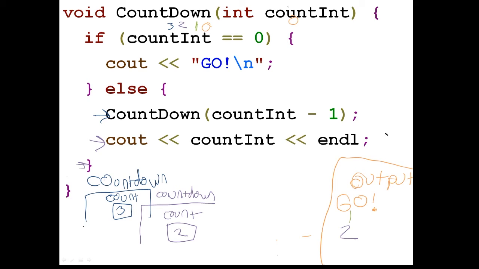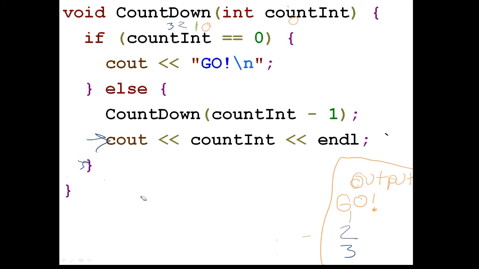And now we're back to the blue line over here where we just have regular count. And so with regular count, we're going to move that down here, right? And then we end up printing out 3, okay? And then finally countdown is done.